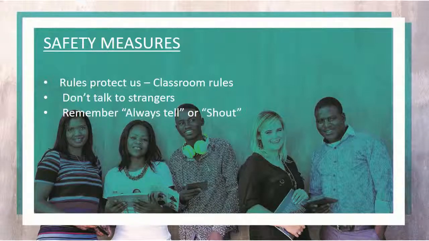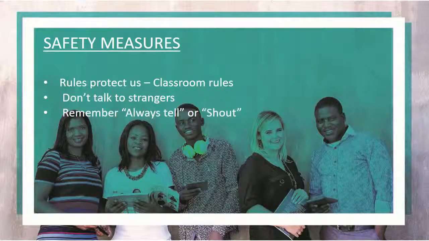Number one is you need to have rules that protect both you and the learners in your classroom. Because we have different kinds of rules. We have classroom rules. For example, you need to be quiet, you need to listen attentively, and you need to put up your hand when you want to ask a question. Safety rules, on the other hand, is something different from classroom rules.